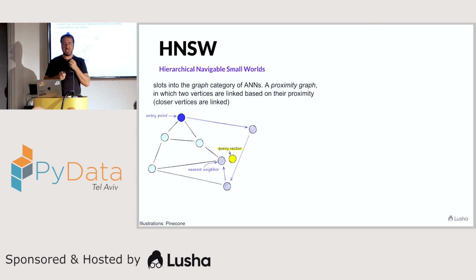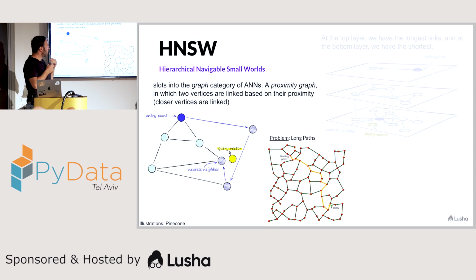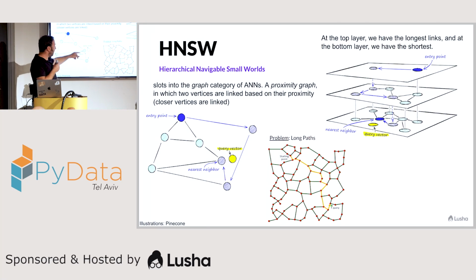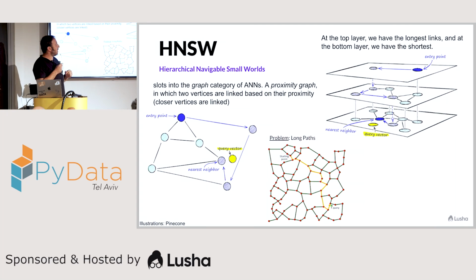HNSW is a graph-based algorithm. It constructs a graph when you train or build it. Then whenever you've got a query vector and you want to find its nearest neighbors, you traverse the graph and find the nearest neighbor. The problem is that when you've got a long path, it takes a lot of time. That's why some smart people came up with hierarchical navigable small world graphs.